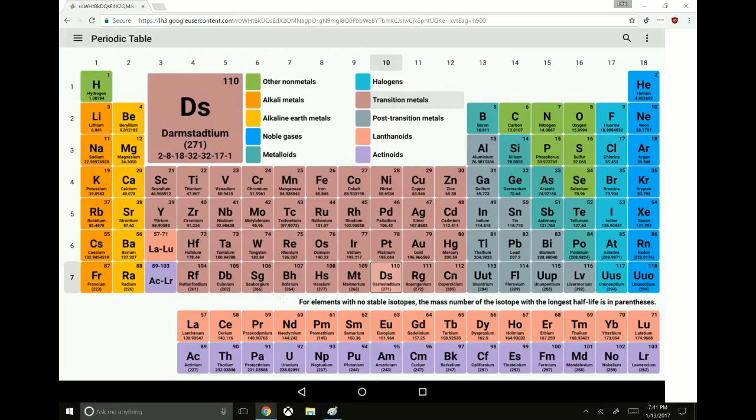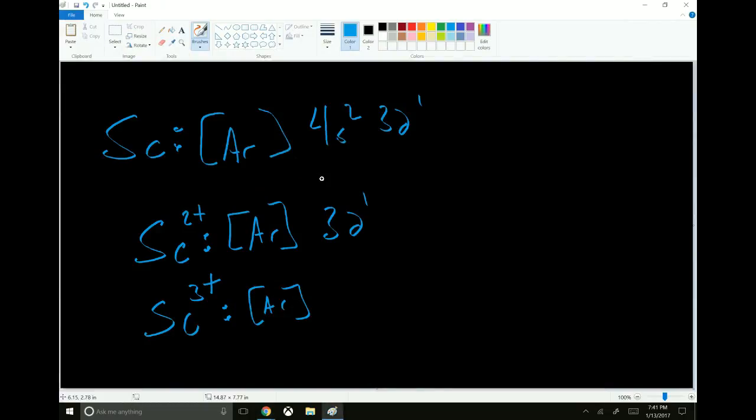Okay, now let's look at iron. Iron's a popular one, number 26. Iron, argon, 4s2, 3d6.